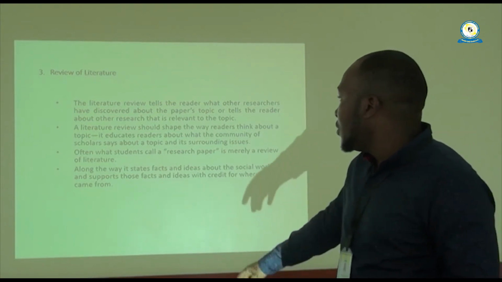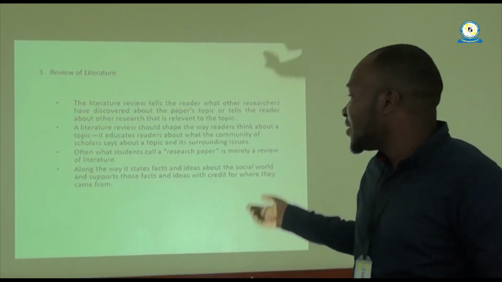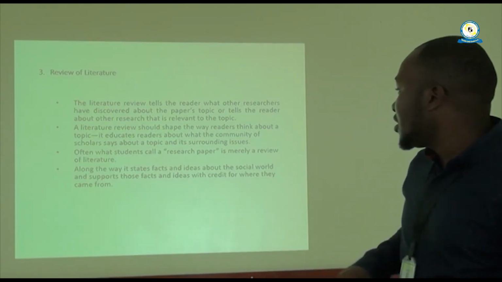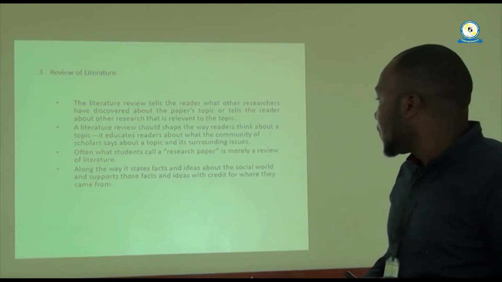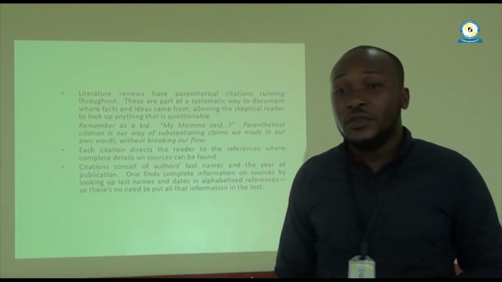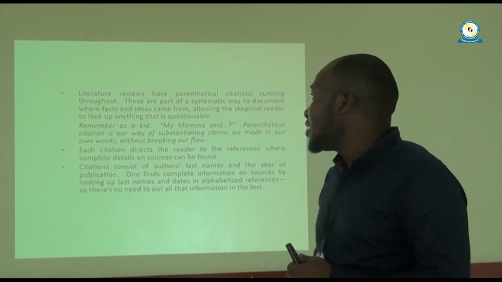Often, what students call a research paper is merely a literature review. Okay, this is a simple phrase. Along the way, it states facts and ideas about the social world and supports those facts and ideas with credit for where they came from. Literature review has parenthetical citations.